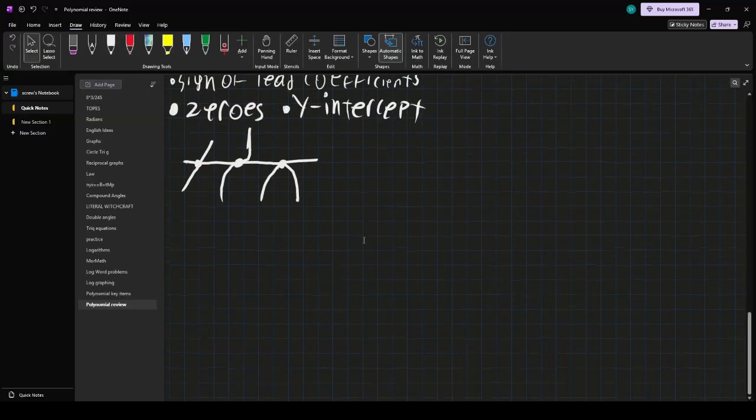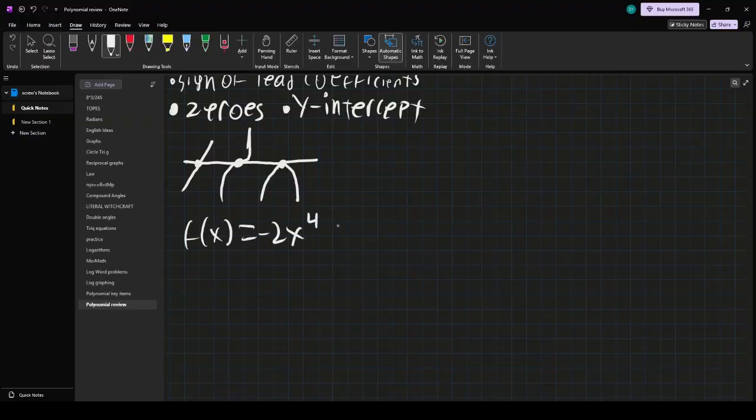So let's do an example question to show the whole process. The function f of x is equal to negative 2x to the power of 4 plus 8x to the power of 3 plus 10x squared. There's no constant.